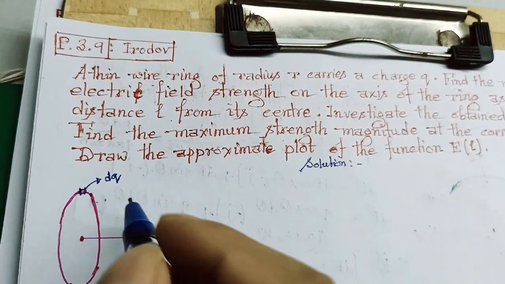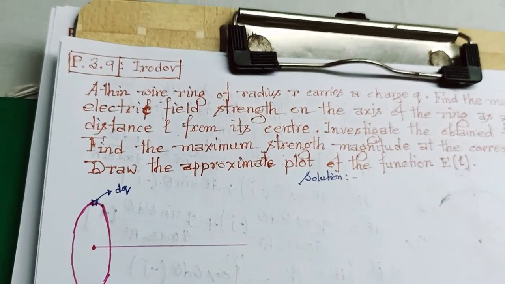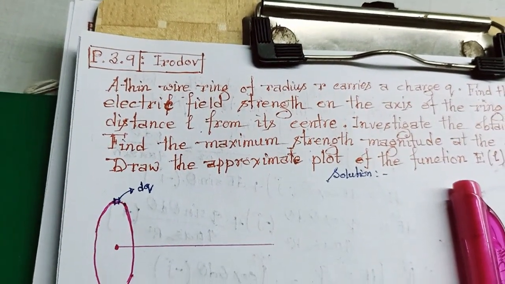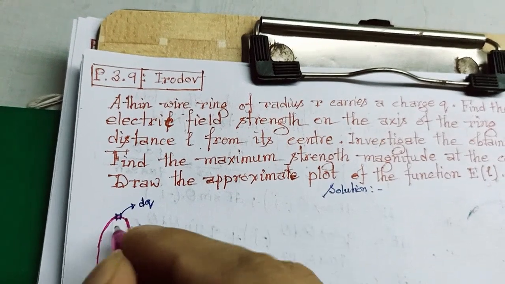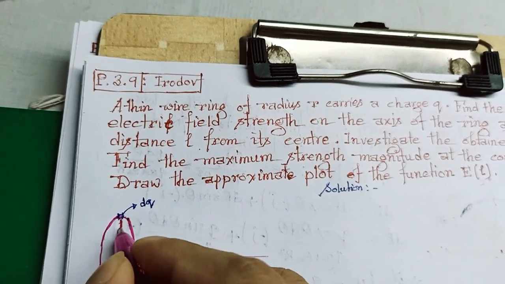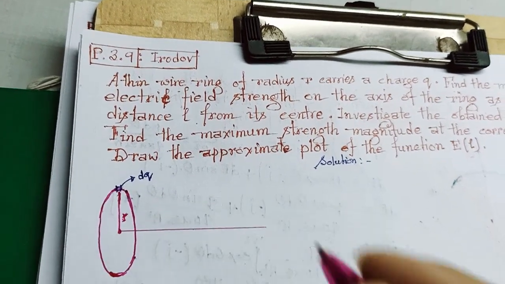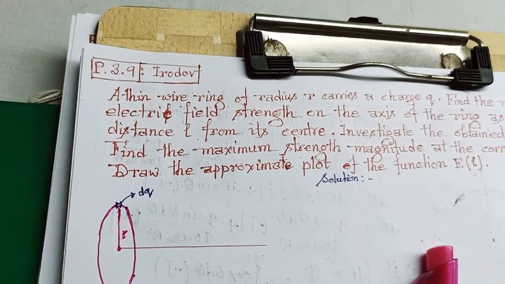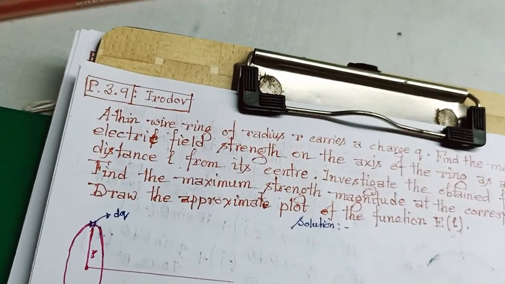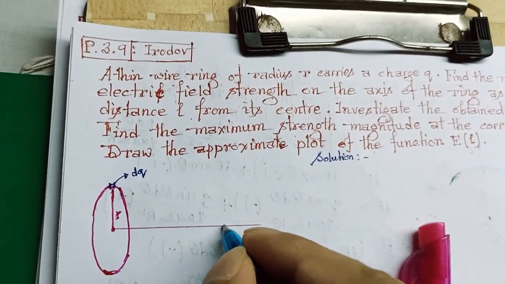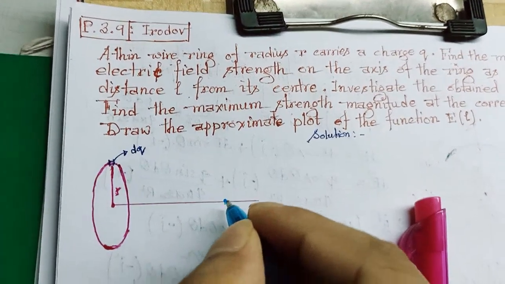So from this diagram, the radius of the ring is given as r. Now there is a distance L from the center of the ring.